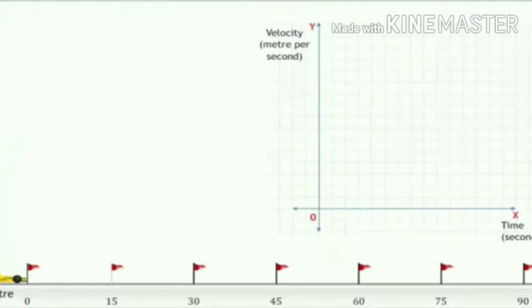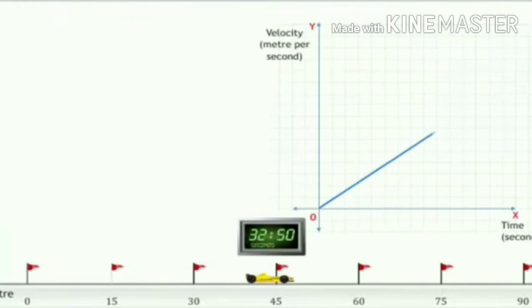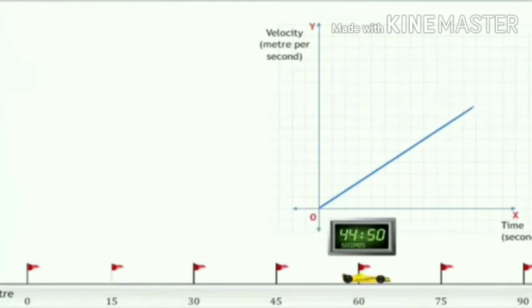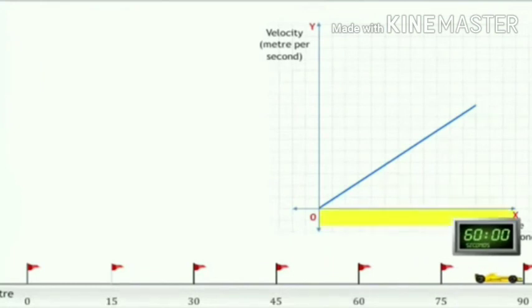Thus we can also plot the distance time graph for accelerated motion of the car. It shows the distance travelled by a car in a time interval of 2 seconds or 1 second. The velocity distance graph is a straight line. You can say that it is uniform motion.